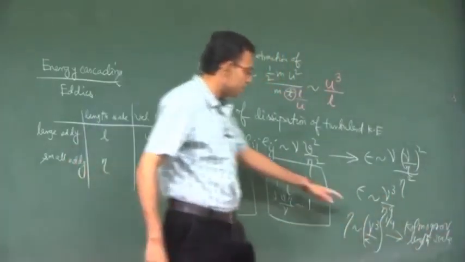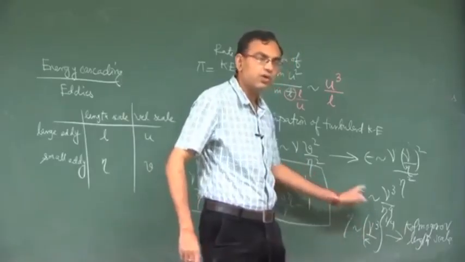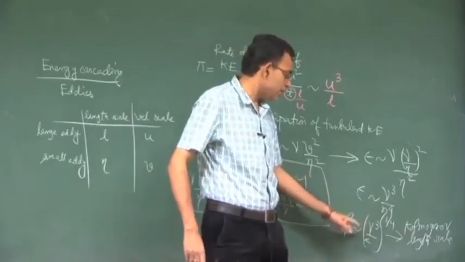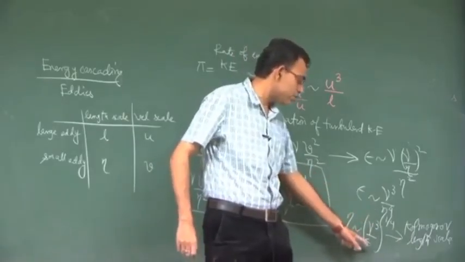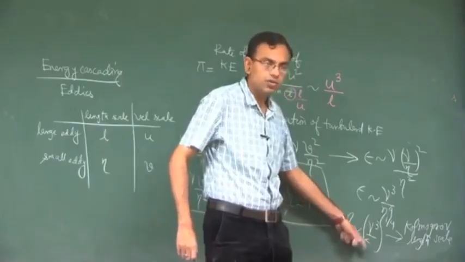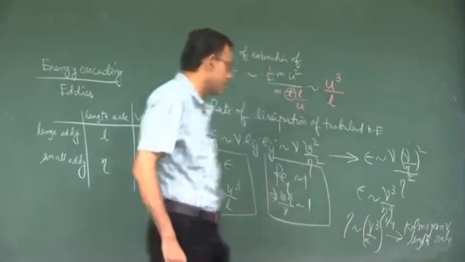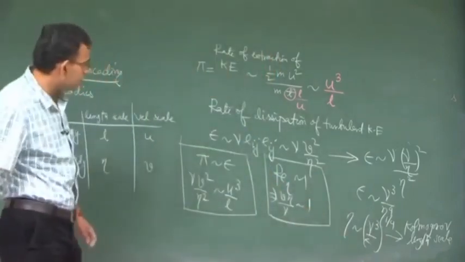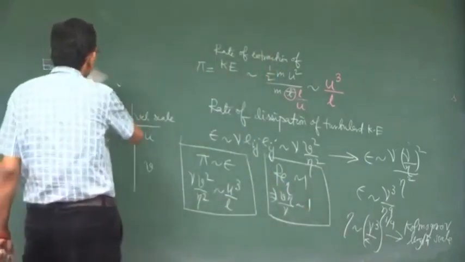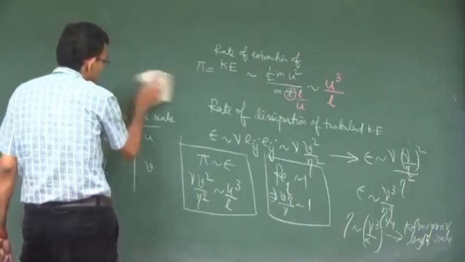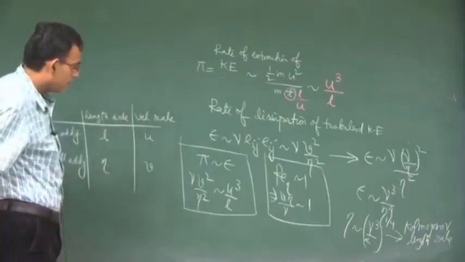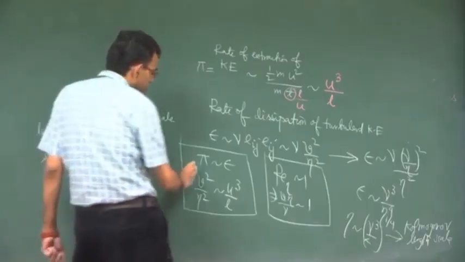Now, although this can be used as a definition of Kolmogorov length scale, you cannot clearly assess what it is because you do not know what is epsilon. You know what is nu, which is a property of the fluid, but you do not know what is epsilon. So, to assess the Kolmogorov length scale, we will utilize this.